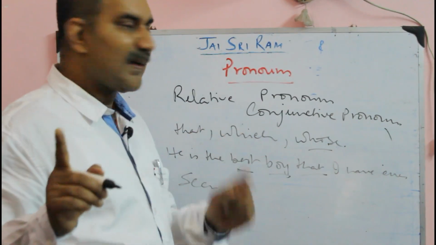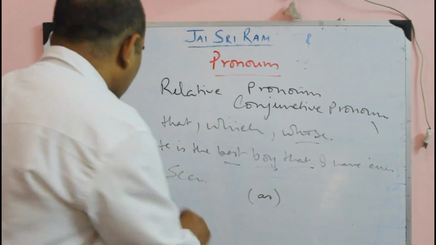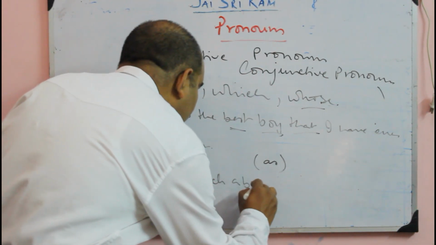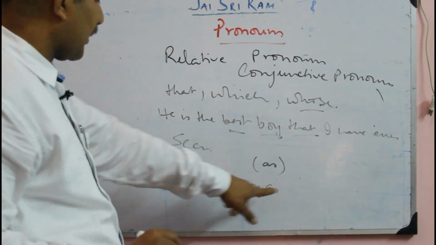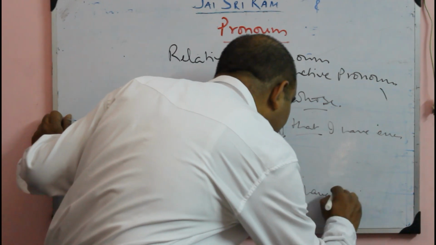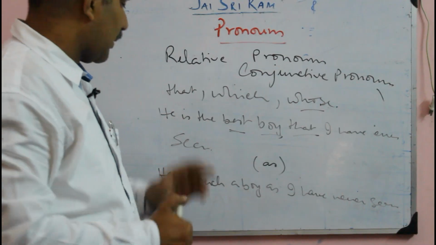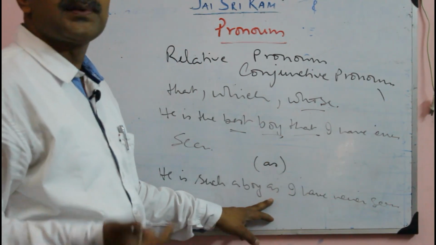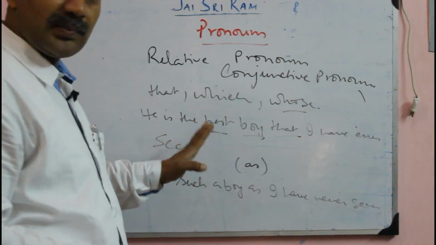And there is another relative pronoun which is used as: he is such a boy as I have never seen. If the noun is preceded by such, then the relative pronoun becomes as. So the usage of that and as sometimes defy the normal rules of relative pronoun, and this we have to keep in mind.